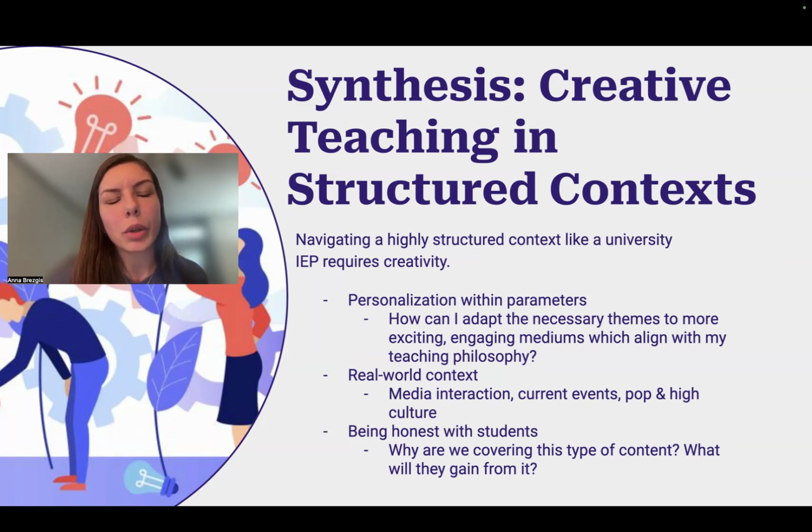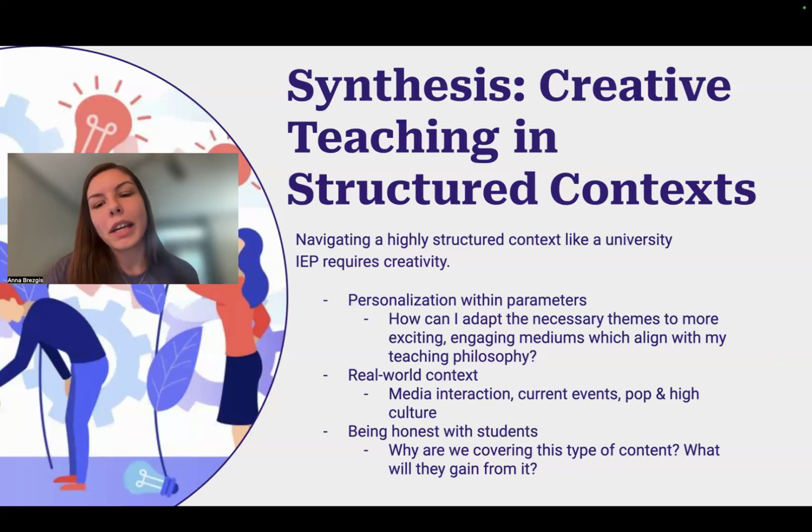While you have to make some sacrifices, there are also many opportunities for being creative and doing things your way. However creative you have to get is up to you, maybe up to the situation. So I want to call this personalization within parameters.